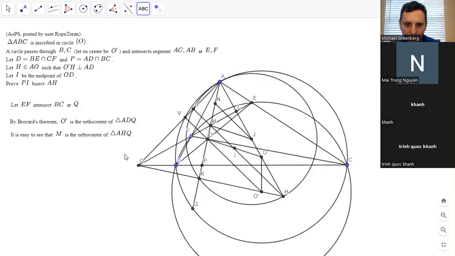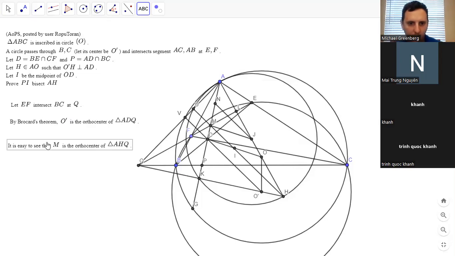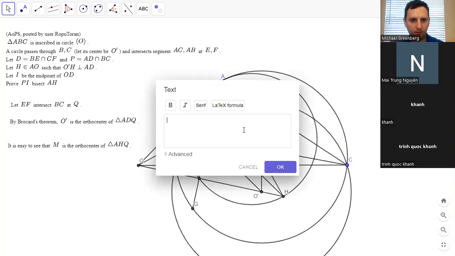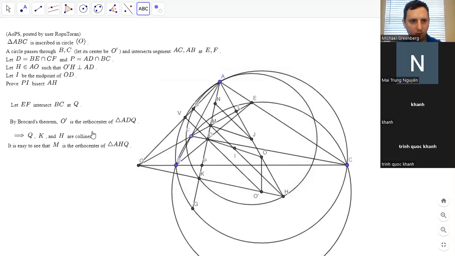First of all, this means that Q, K, and H are collinear. I think I should hide G and N.